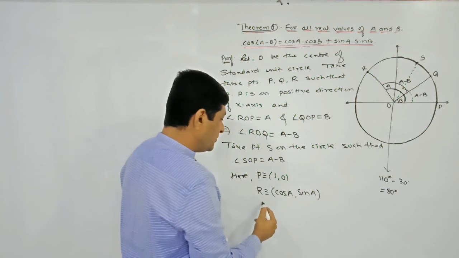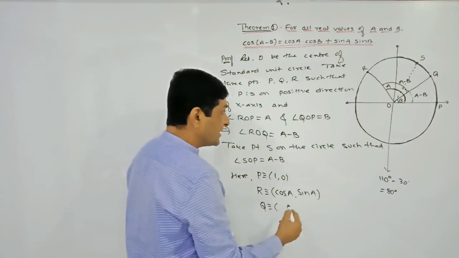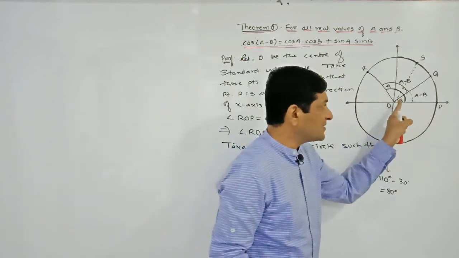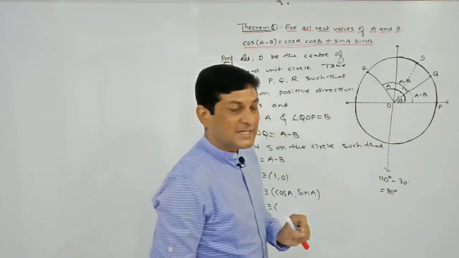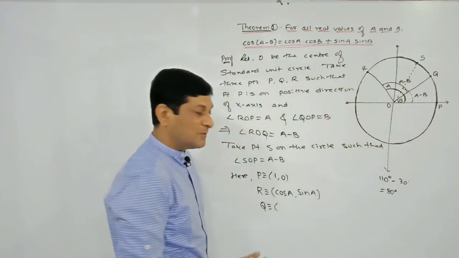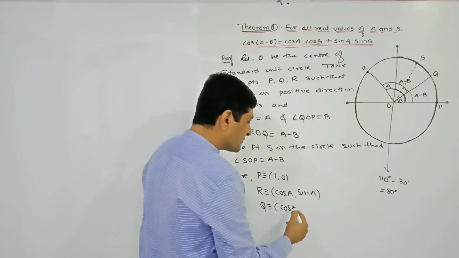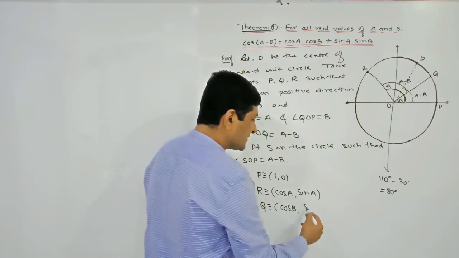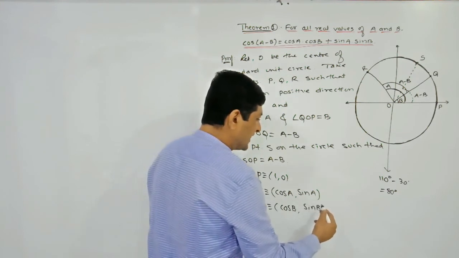Coordinate of point Q: OQ makes how much angle with the positive direction of x-axis? B. So we can say that here the coordinates of point Q are cos B and sin B, because x coordinate means cos and y coordinate means sin.